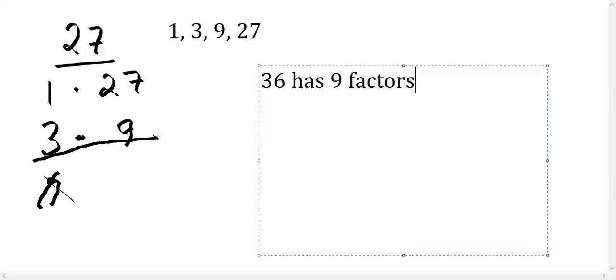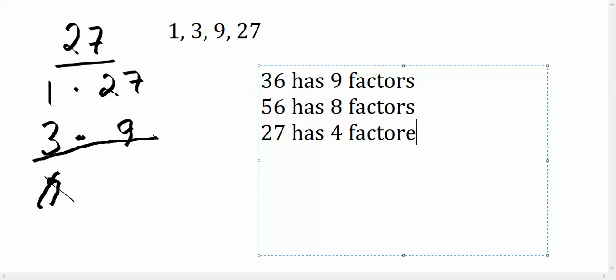36 had 9 factors. The next number that we saw was 56, and as we saw, 56 has 8 factors. And then we saw 27, and 27 has 4 factors.